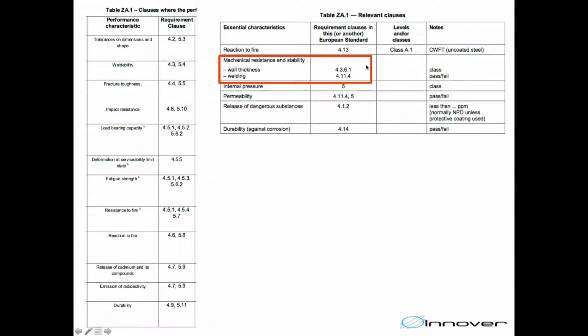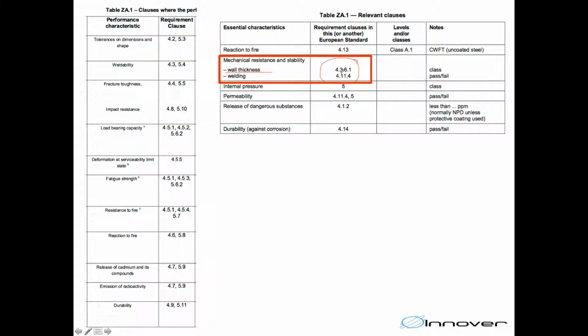But if you decide to, for example, declare the characteristics related to mechanical resistance and stability called wall thickness and welding, we would again see the instructions on how to determine them and what they actually mean here. And here, this column right here gives you the place where you must look for how to declare the characteristic of wall thickness.